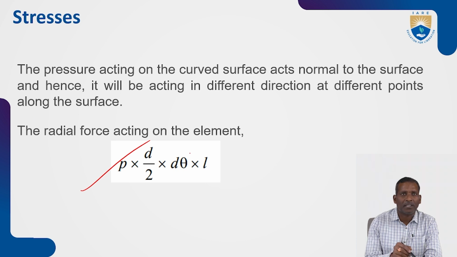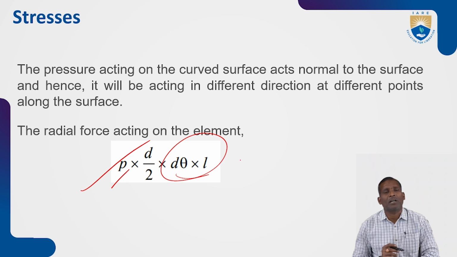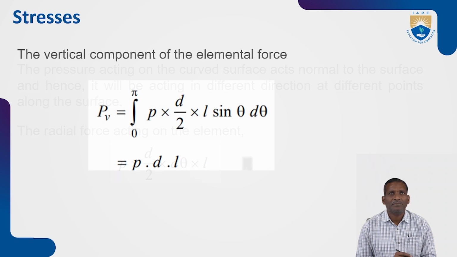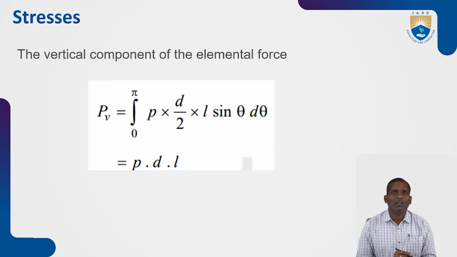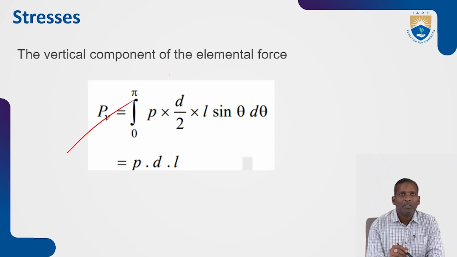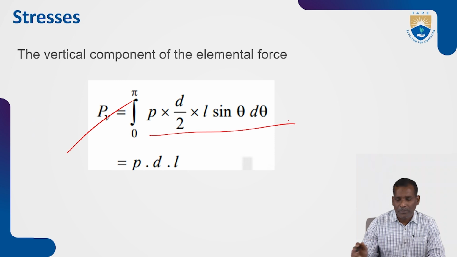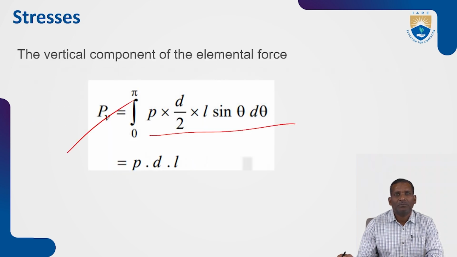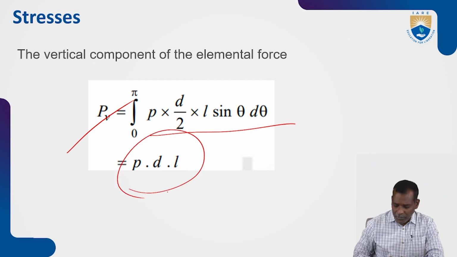Now you can calculate the radial force: internal pressure into radius into the small angle of the strip, d theta, into L. So the vertical component of the elemental force throughout the entire cylinder: with limits 0 to pi, integrate the previous equation, L into sin theta into d theta. So you will get P into d into L.